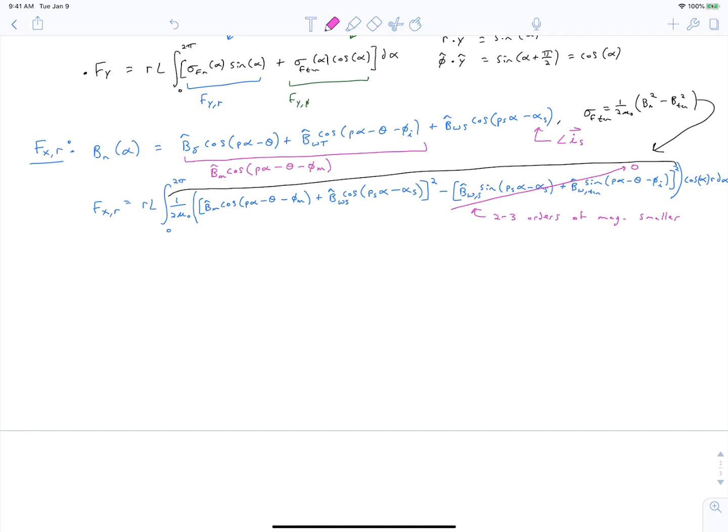The forces you get are due to an interaction with the torque winding and the suspension winding. Oh, and I should clarify a few things here. B_M hat refers to the modified magnetizing field right here, right? B_WS refers to the radial field due to the suspension winding, and B_W tan refers to the field due to the torque winding.